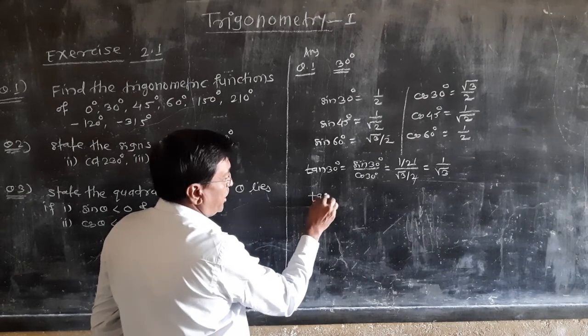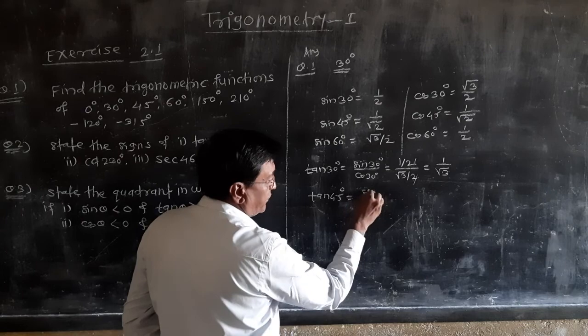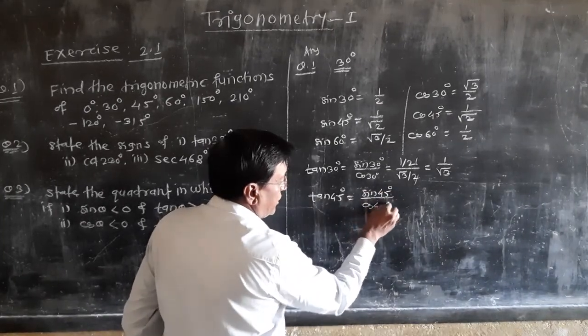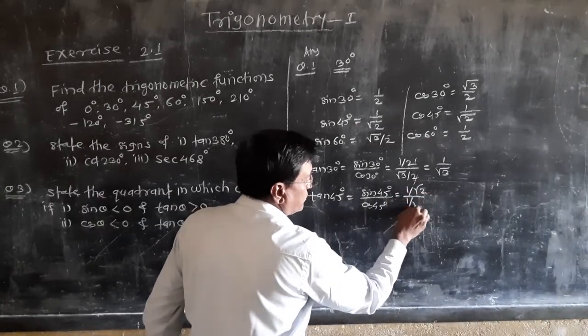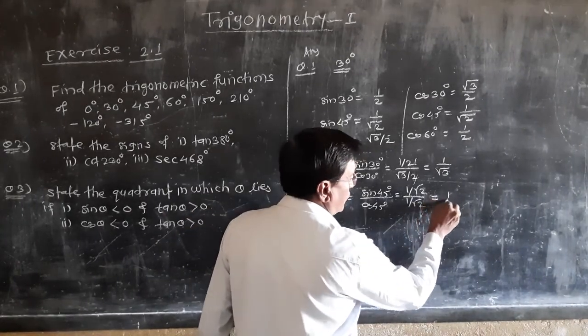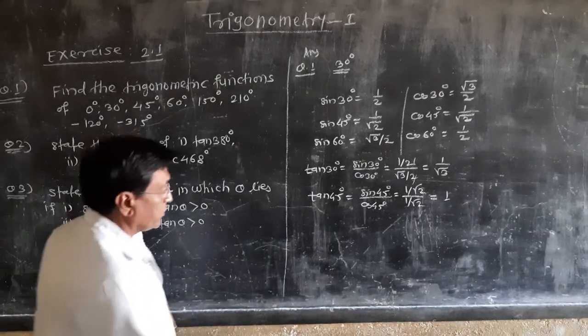Similarly, tan of 45 degree is equal to sine 45 degree upon cos 45 degree, which is equal to 1/√2 divided by 1/√2, as this value is also 1/√2. And so 1/√2 gets cancelled, and you get 1, and that 1 is the value of tan of 45 degree.